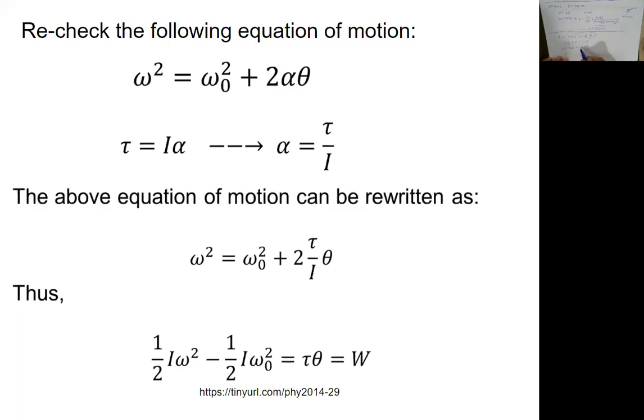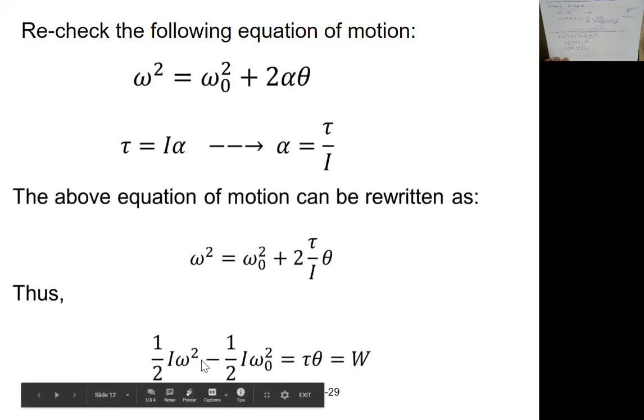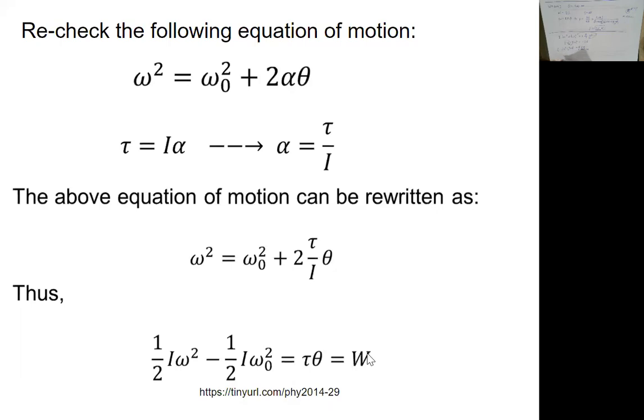So you further isolate work from the other term. Divide both sides by 2, or multiply by 1/2. The first term you multiply by 1/2, and the second term you also multiply by 1/2 to get rid of the 2 here. So then you arrive at this equation: 1/2 I omega squared minus 1/2 I omega 0 squared equals tau times theta, which is work.